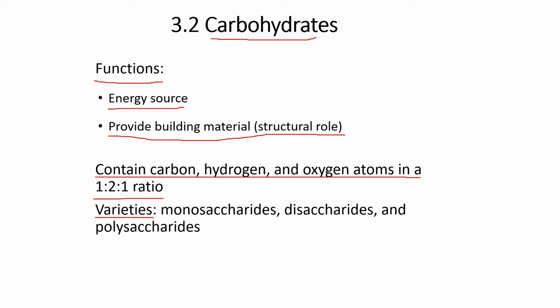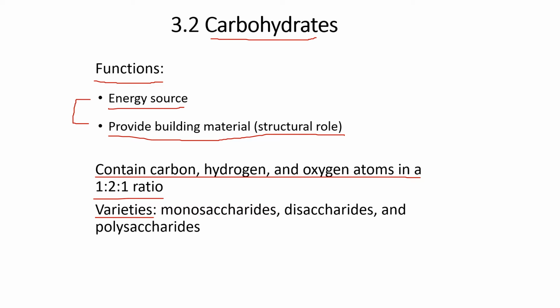That fiber is basically structural plant material that makes up the plant cell wall. So that's an example of a structural one. We'll get into that in a little more detail later. So those are the two functions. They can be used to make ATP for energy, or they can be structural.